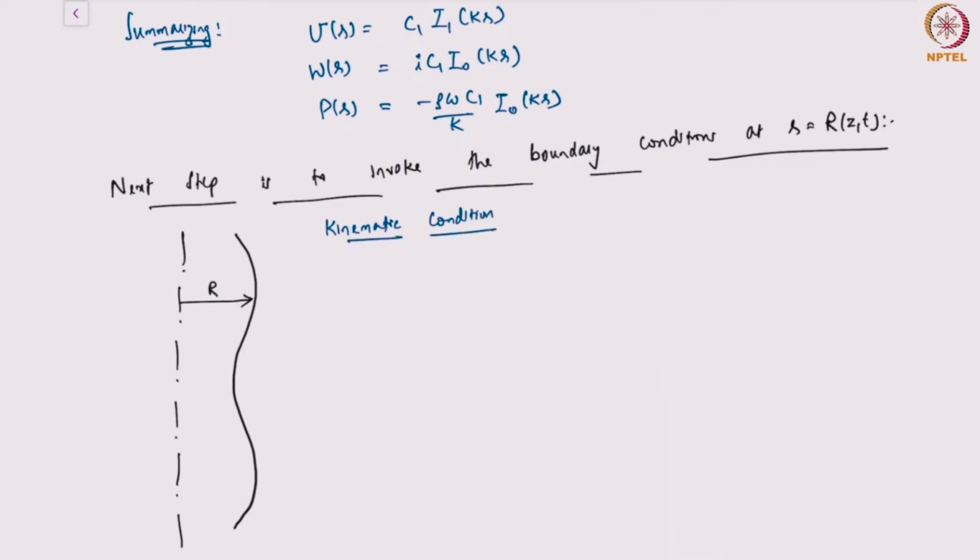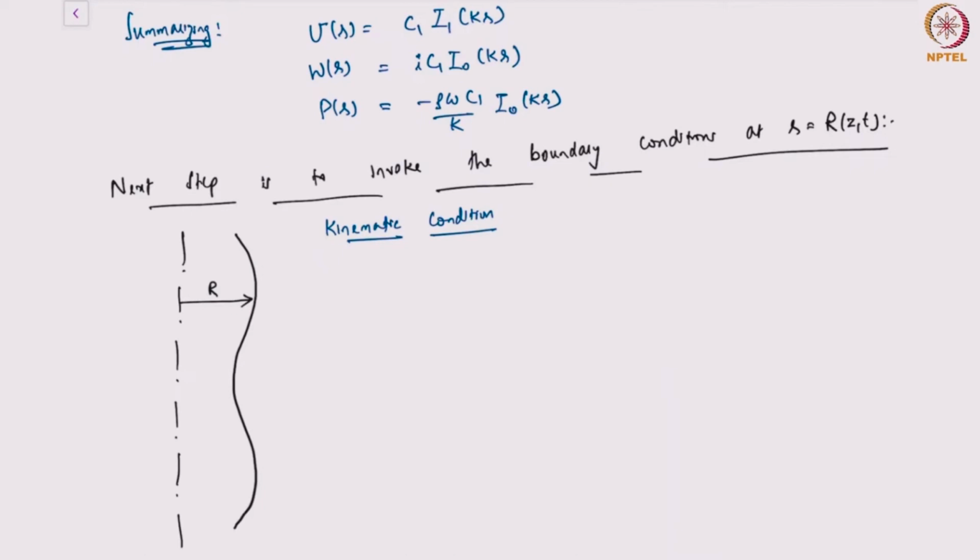What does the kinematic condition say? It says if you are sitting on the interface, and the radius is changing back and forth, the rate of change of this radius would be equal to the velocity at that point. If the radius is increasing, you are changing in the radial fashion.